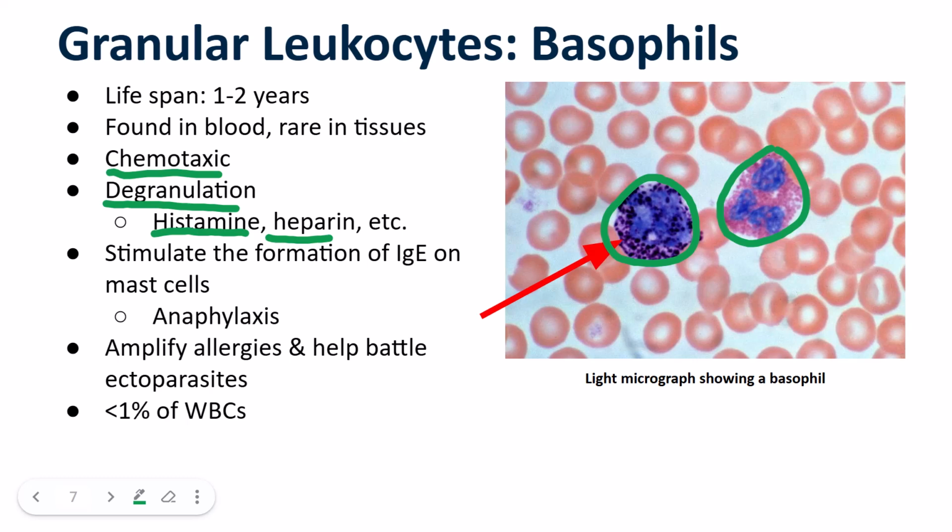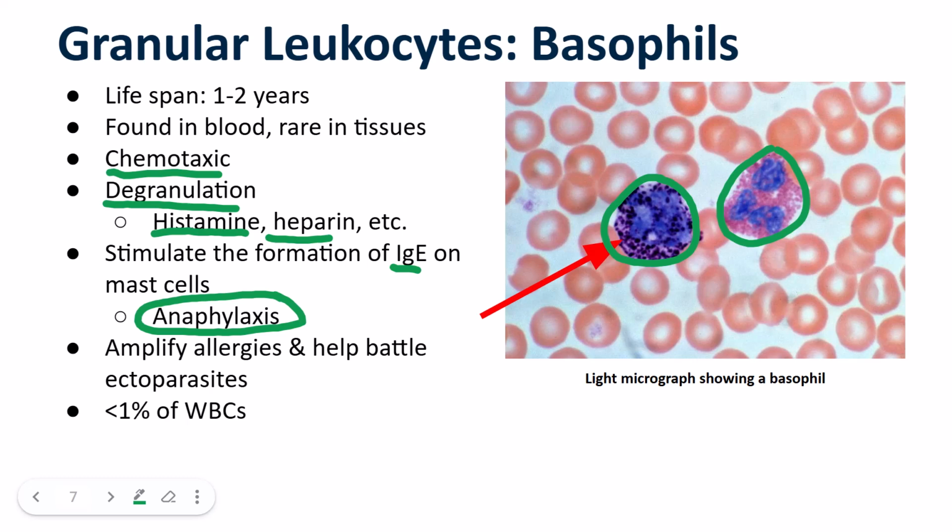And one of the more interesting things about basophils is that when they're activated, they stimulate the formation of a particular type of antibody called IgE that attaches to mast cells. So mast cells will oftentimes secrete histamine and encourage allergic reactions. And this is the basis behind allergic reactions that lead to anaphylaxis. So think of food allergies.